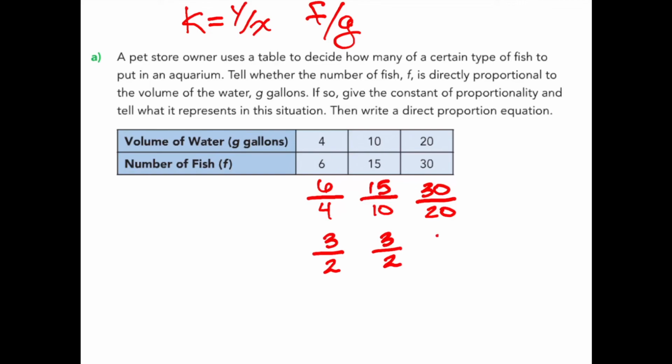And 30 over 20 simplifies to 3 over 2. So now, if this is a direct proportion, then each of these numbers are equal to each other. And they are. So the first answer to this situation is yes. It's directly proportional.